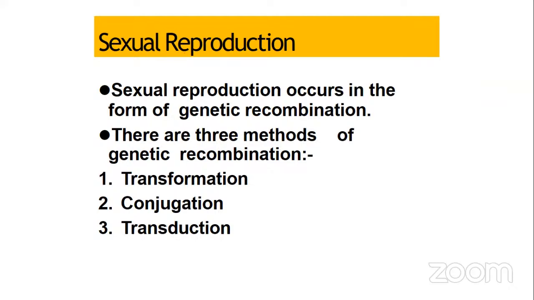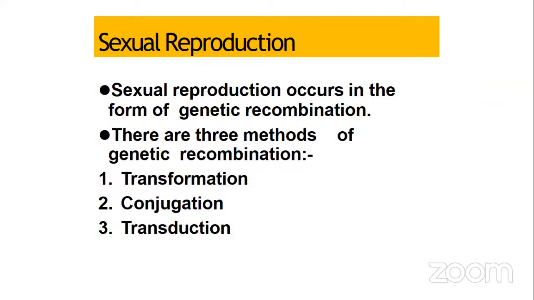Like we discussed in the first class, in algae, what are the reproductive organs? In algae, the male one is the antheridium or male gametangium, and the female one is the female gametangium or archegonium. But bacteria are prokaryotes with a simple, unicellular structure, meaning the entire body is made up of a single cell. That's why there are no special reproductive organs in bacteria.